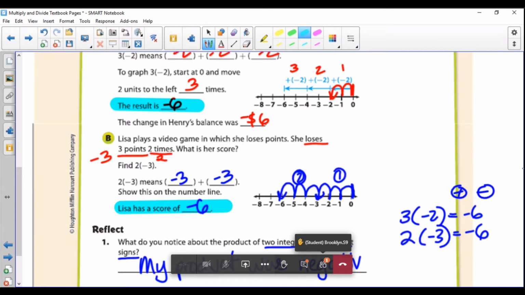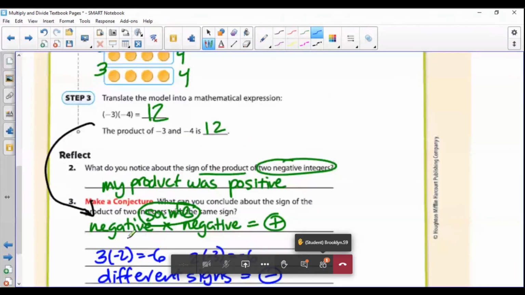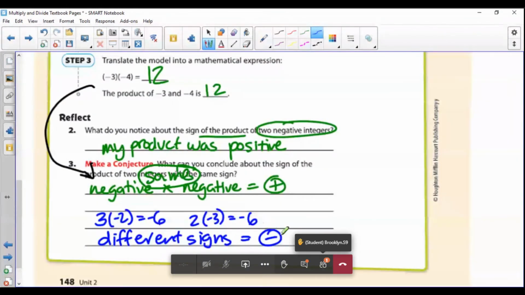So that's why I'm noticing a rule. No matter what, if I multiply 2 numbers with different signs, my answer is going to be negative. So over here, all we did was write down that thought. If they're different signs, your answer is negative, right? Okay? Are you okay with that?